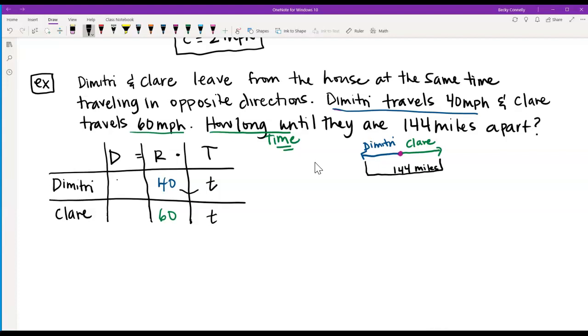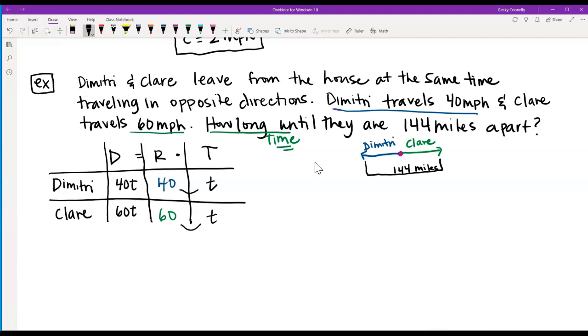So I've got 40t, and I've got 60t, because I'm just multiplying my rate and my time together to figure out my distance. And notice that this is distance, but it depends on what time I'm looking at, because remember, they're going different rates. Their speeds are different.